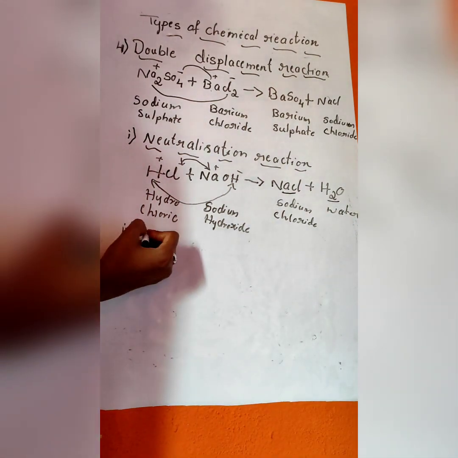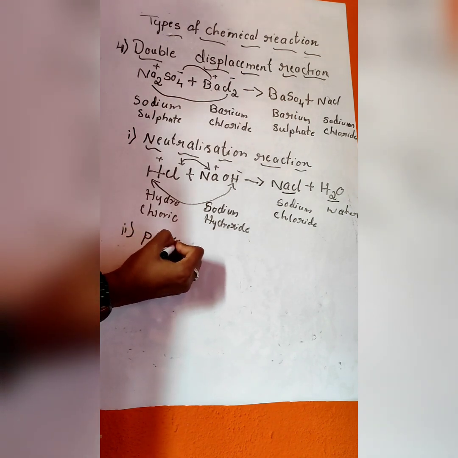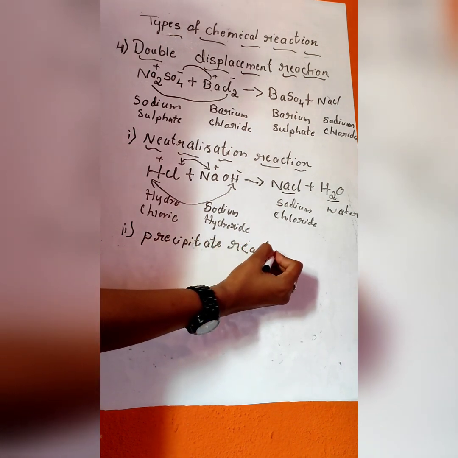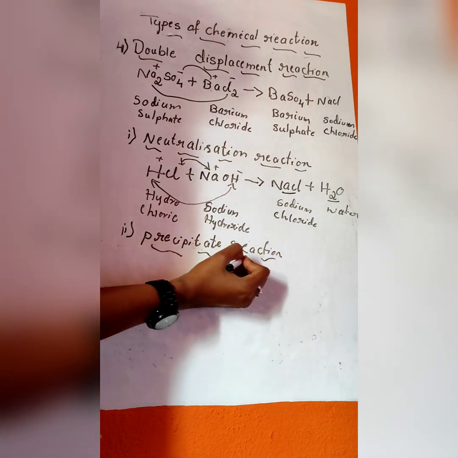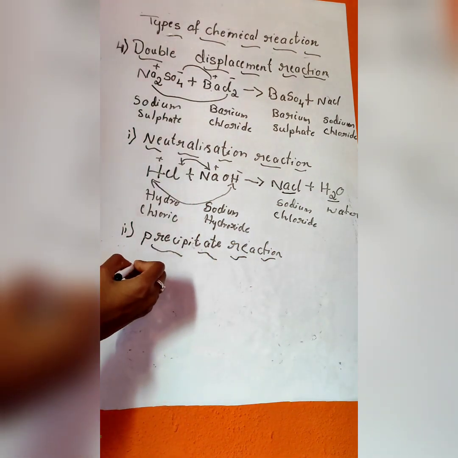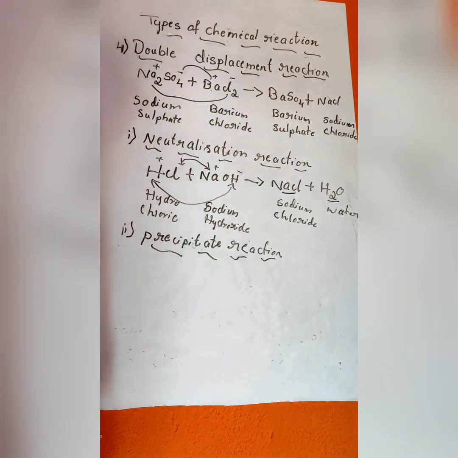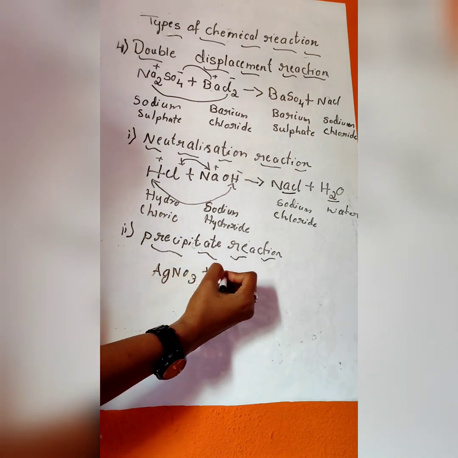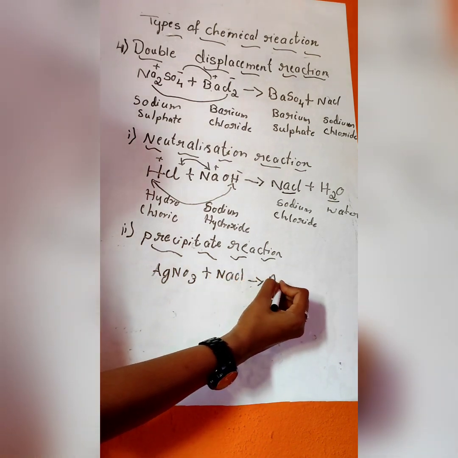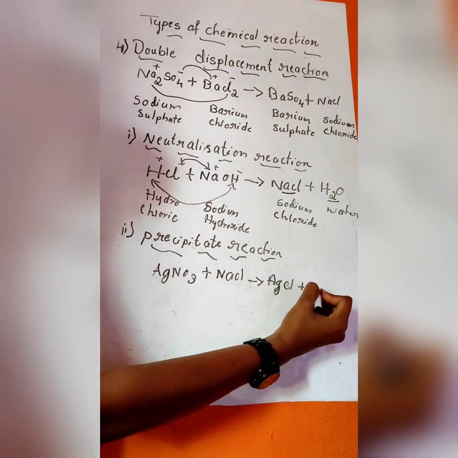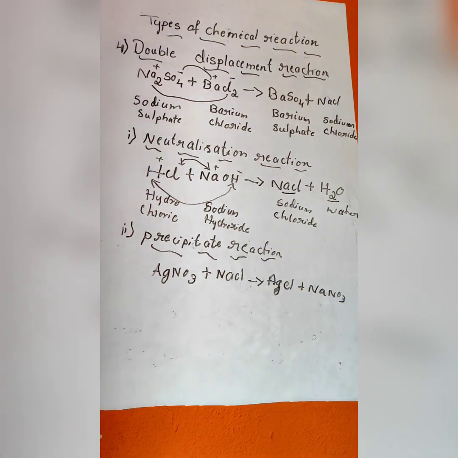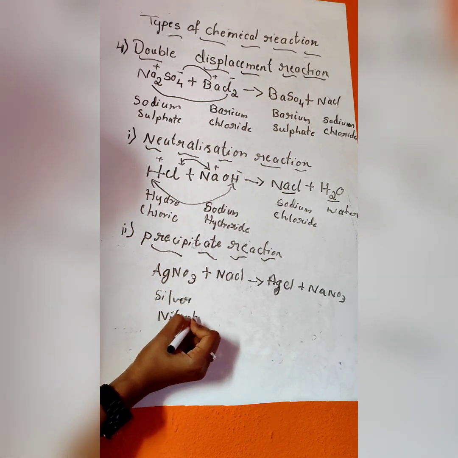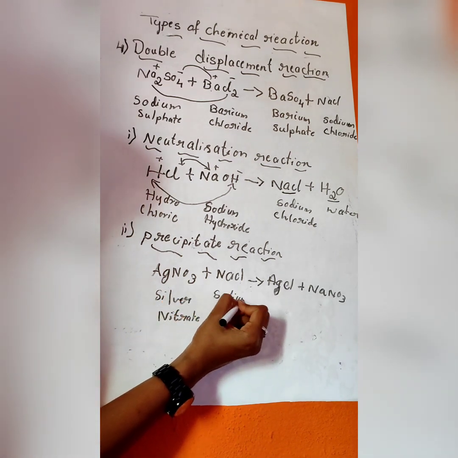Next one is precipitate reaction. Here, silver nitrate. The main thing you have to remember is that exchange of ions takes place. A chemical reaction where two compounds react and the positive ions and the negative ions of the two reactants exchange places forming new compounds or products, that is called a double displacement reaction.